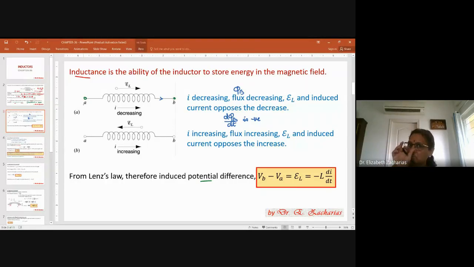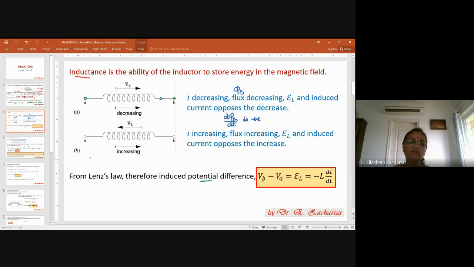Now let us look at the potential difference created between A and B because of the induced EMF. So if the induced EMF is in this direction, the induced EMF is VB minus VA. That's the definition of the induced EMF, and that's going to be equal to minus L di by dt. We are putting a minus here.